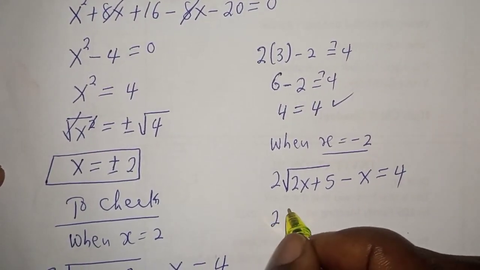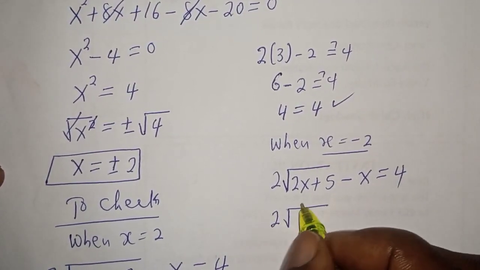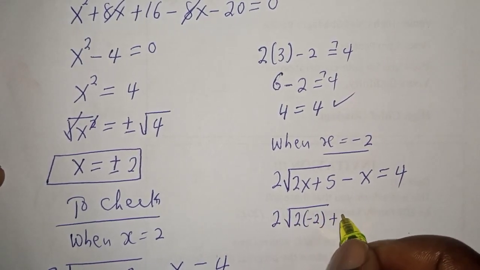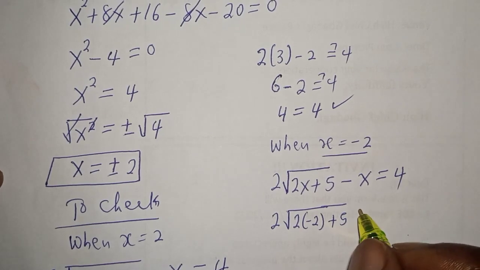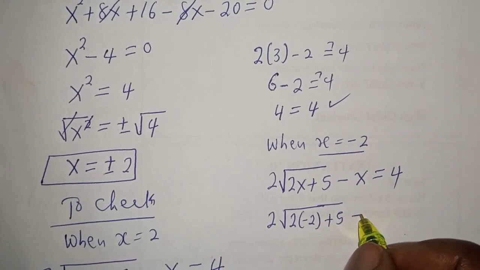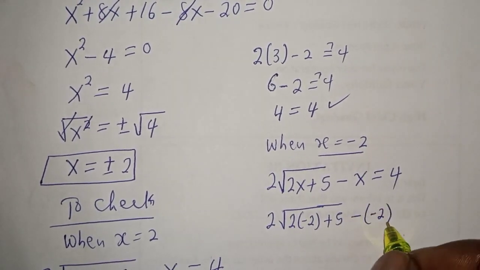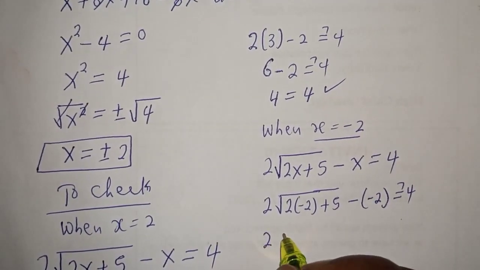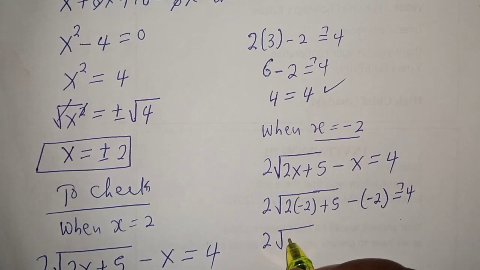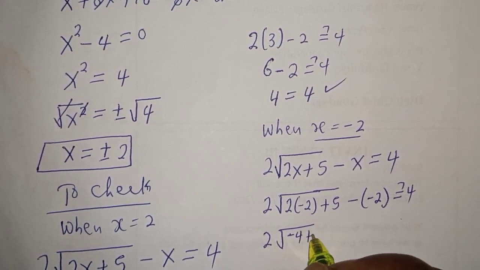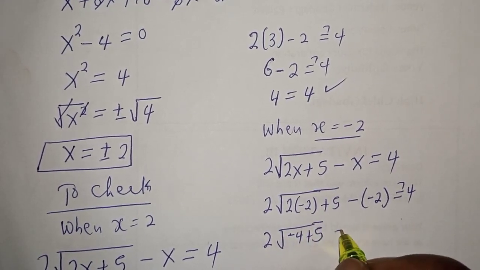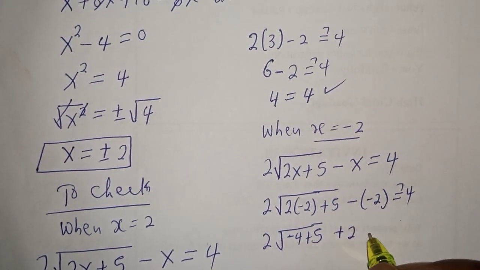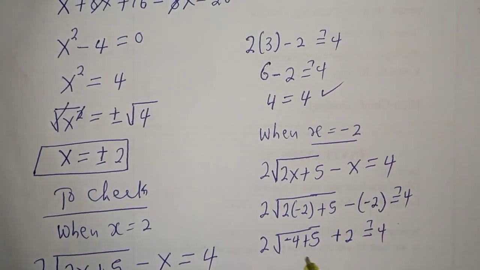Then this is 2 square root of 2 bracket minus 2 plus 5 minus bracket minus 2 must be equal to 4. 2 square root of minus 4 plus 5 minus minus 2, this is plus 2, must be equal to 4.